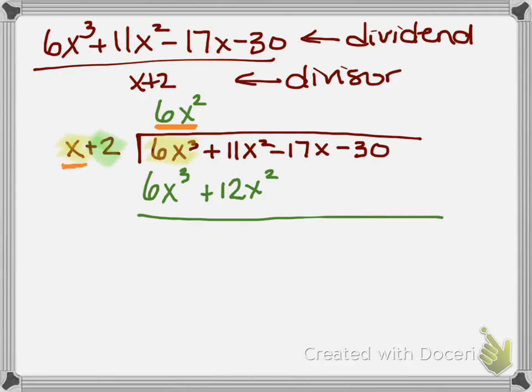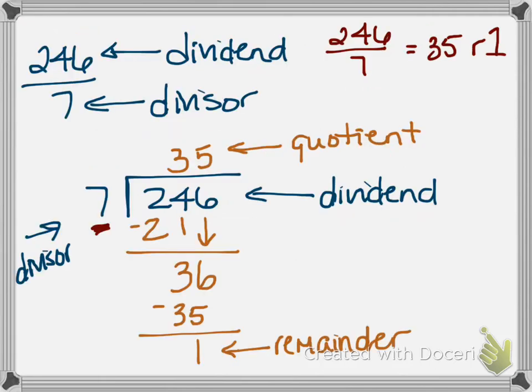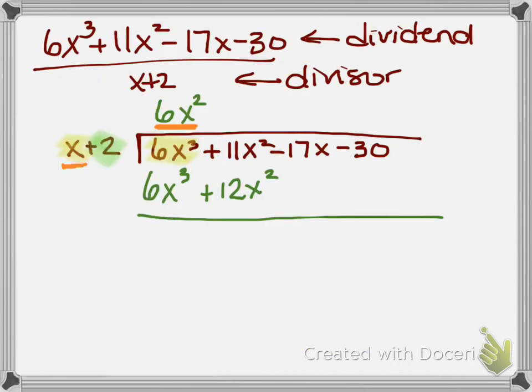Just like in long division, once you take your number, you multiply it and write that down here, we subtract. The same thing applies to polynomials. So I have to subtract these things.